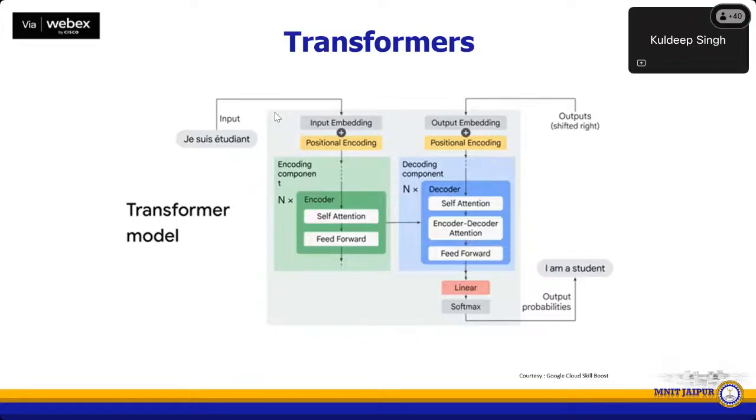Now let's break down this particular encoder, which can be broken into two sub layers. One is the self attention layer, and another one is the feed forward layer. The feed forward layer you have already gone through in our previous lecture.